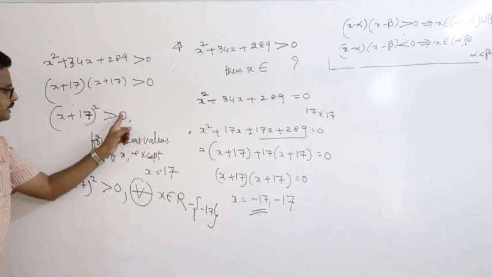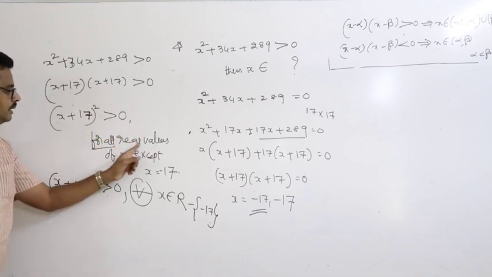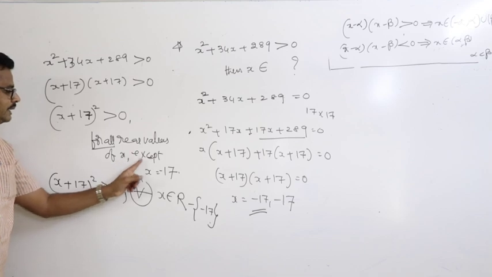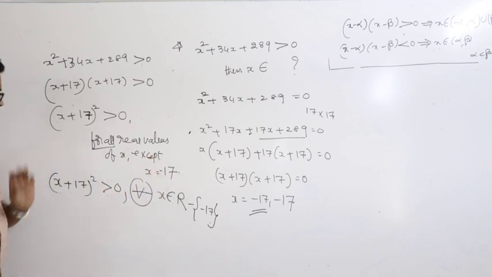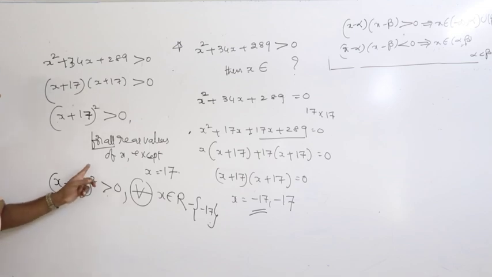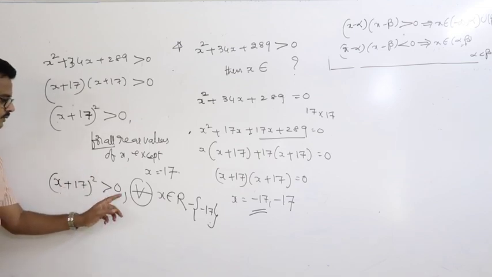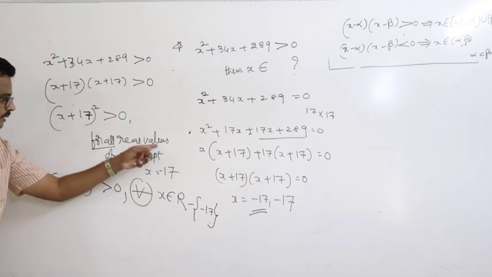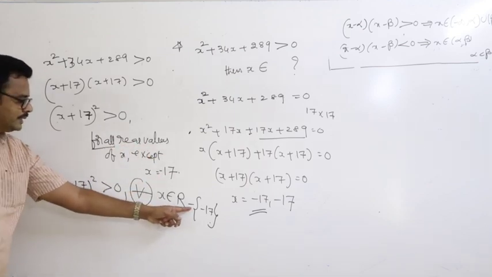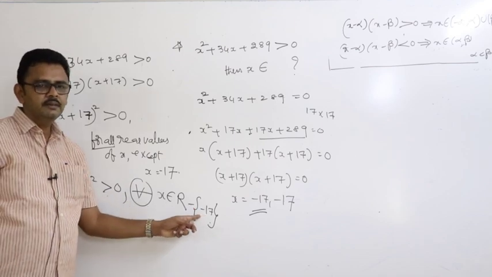So the expression is greater than 0 for all real values of x except minus 17, or symbolically, x belongs to R except minus 17.